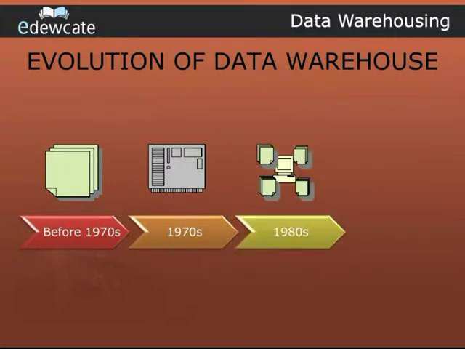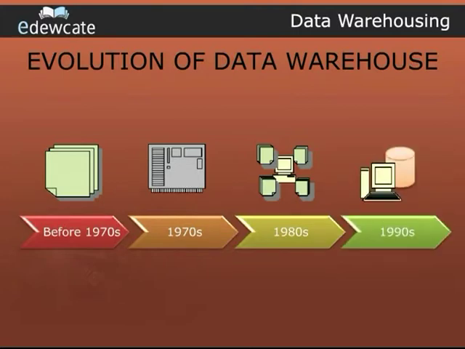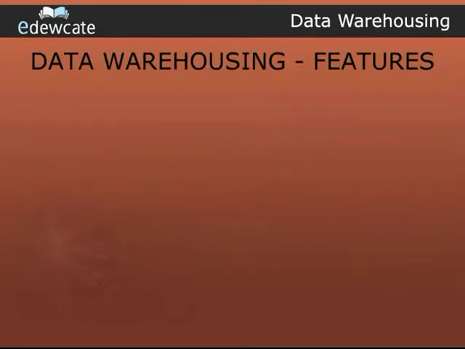Somewhere towards the end of the 1980s, islands of data were pulled together into a distributed DBMS. It was only in the late 1990s when these islands of data were copied to a common location and data warehouses were born.